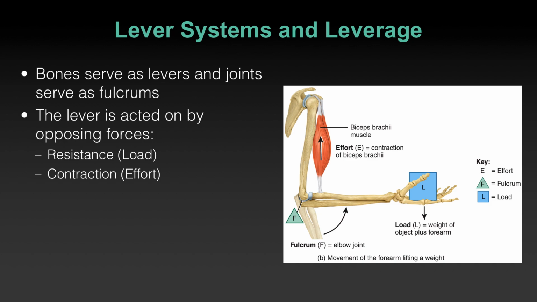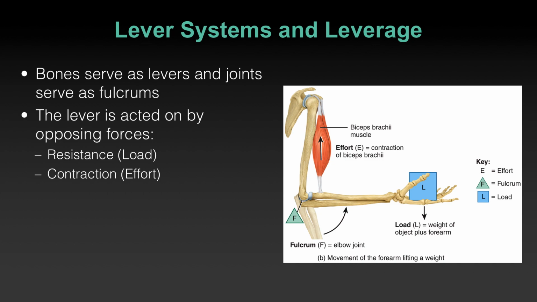And so you can see what I'm describing over here on the right-hand side. The fulcrum at the elbow, identified here as an F. The effort, the force generated by the muscle, the contraction, is shown here, pulling up through the biceps with the arrow through the biceps, and then the load or the resistance. It could be that you're holding something in your hand, or it could just be the weight of your forearm and hand, the weight of the limb itself.